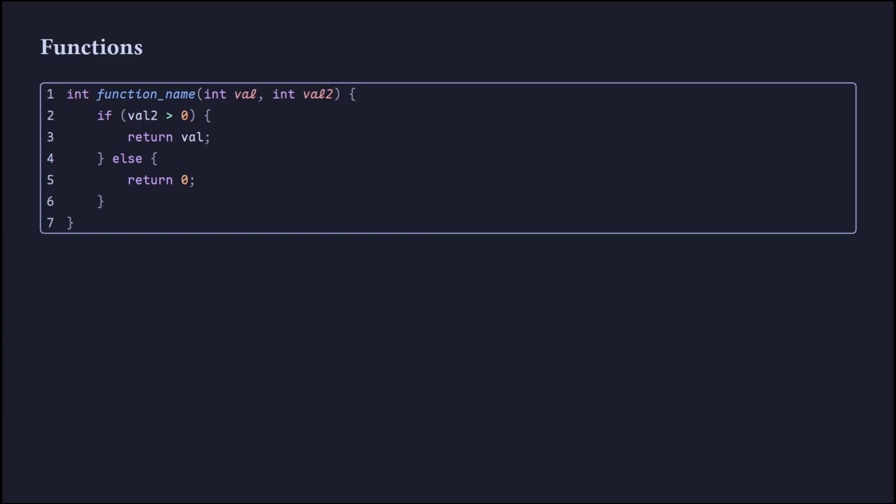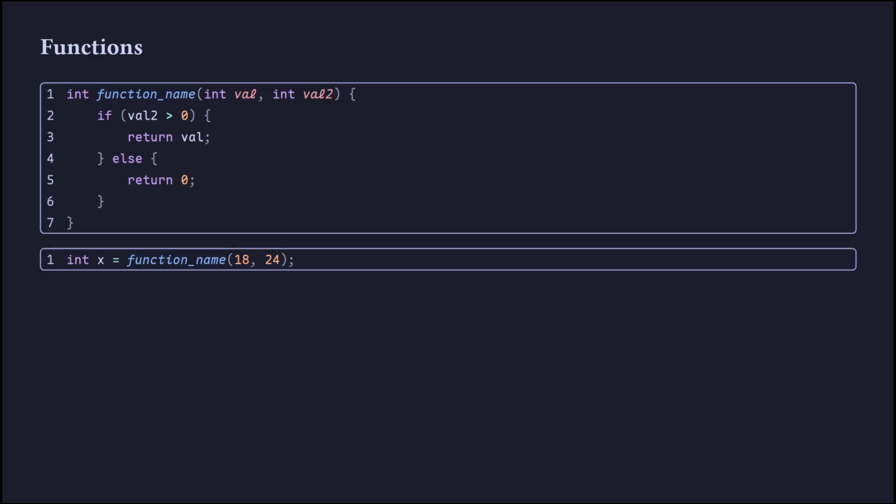This prevents a lot of errors that languages like Python would have to track at runtime, and just makes your life a lot easier. Function call syntax, again, very standard. You pass the values within the parentheses, comma separating the arguments.